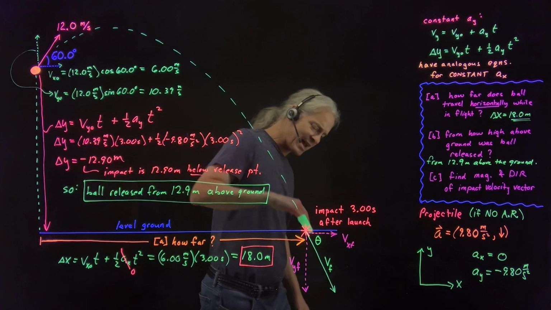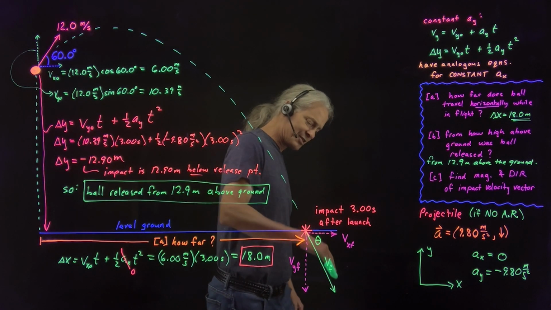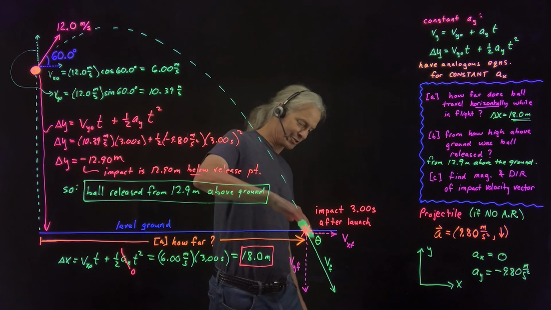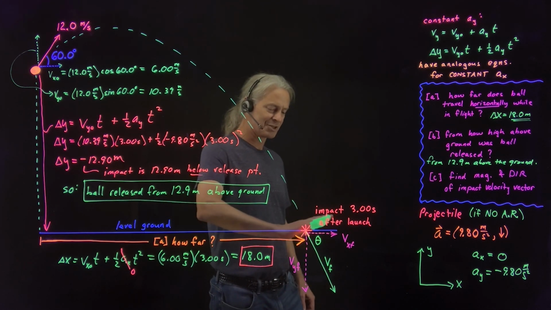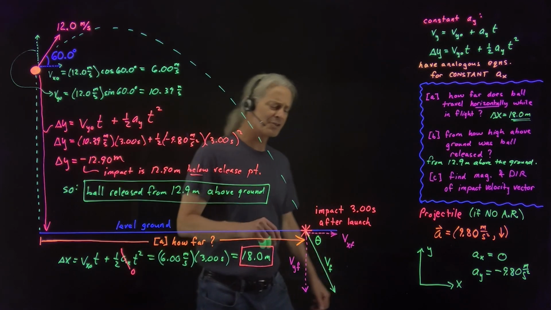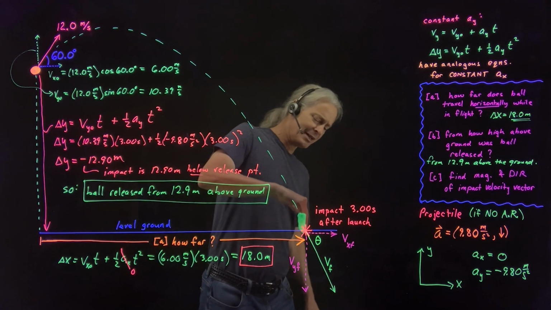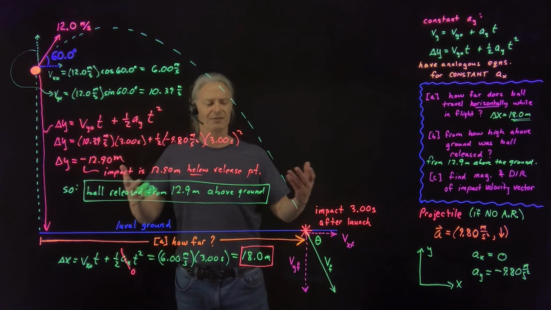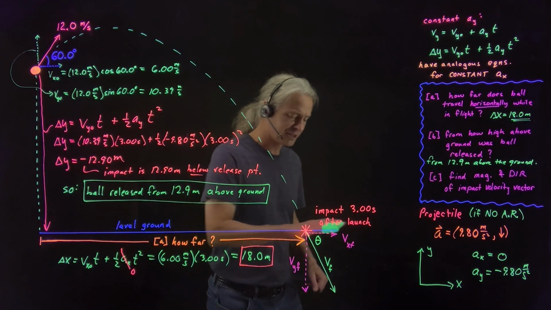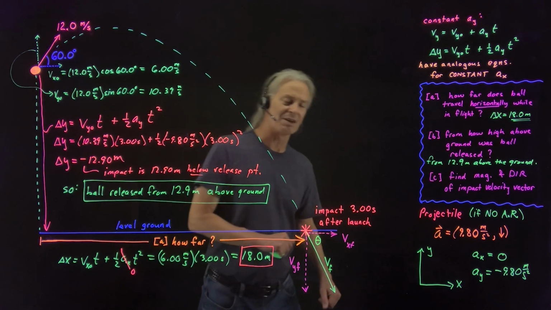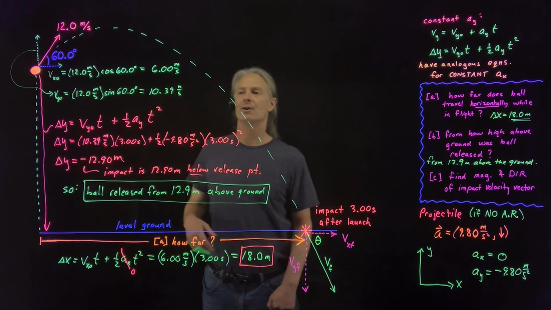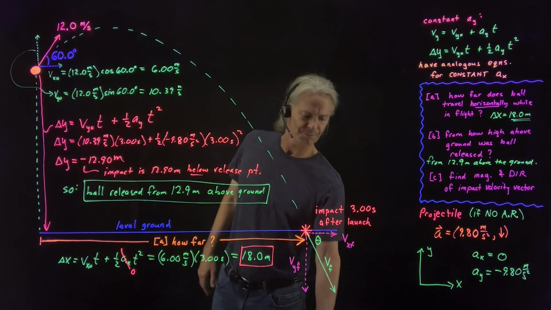Well, to get the magnitude and direction of this impact velocity vector, magnitude proportional to the length of this arrow, direction some number of degrees below the horizontal, we're going to first need to find the horizontal and vertical components of the impact velocity vector. That is, we need to know the x component of the velocity 3 seconds after launch and the y component of the velocity 3 seconds after launch. Well, one of those we already know.